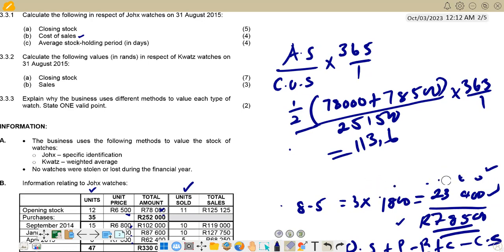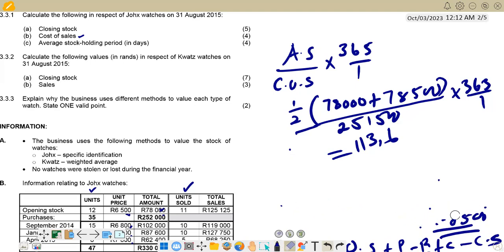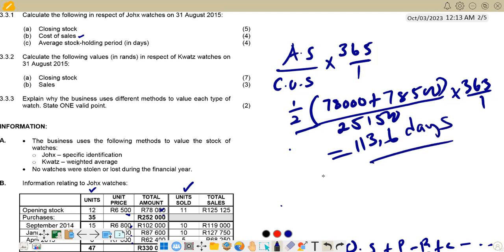So that is what we have, and then the answer is in days. Our answer, we leave it in days, since we've multiplied by 365 days in a year. So it means a year is 113.6 days. This is our average stock holding in days.